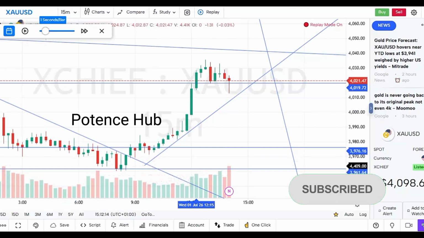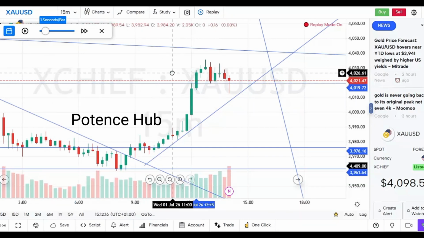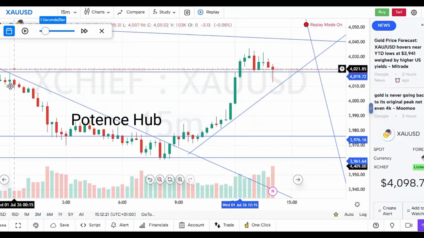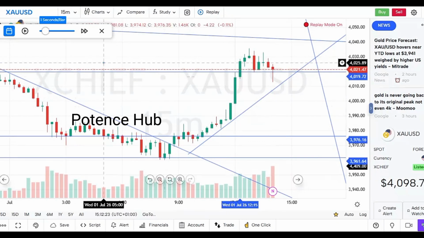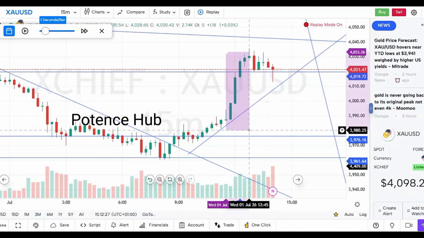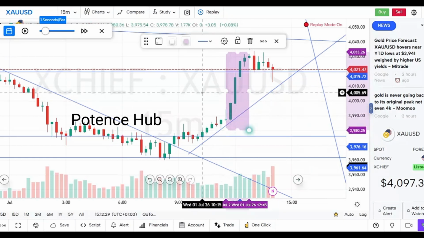But as you can see right here, based on my analysis, at this point gold had already made a massive impulse move from here. The whole of these points is a massive impulse move, and when you have a massive impulse move, the next thing you'll be having is what we call correction.